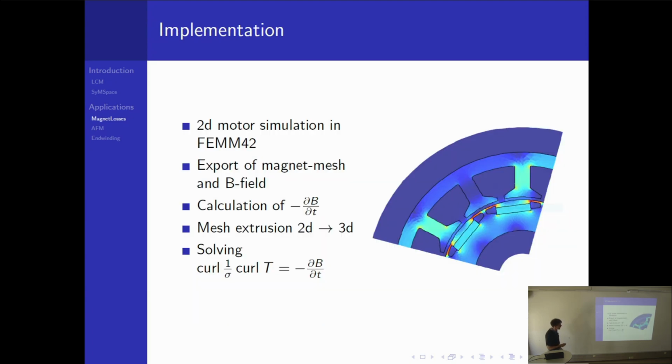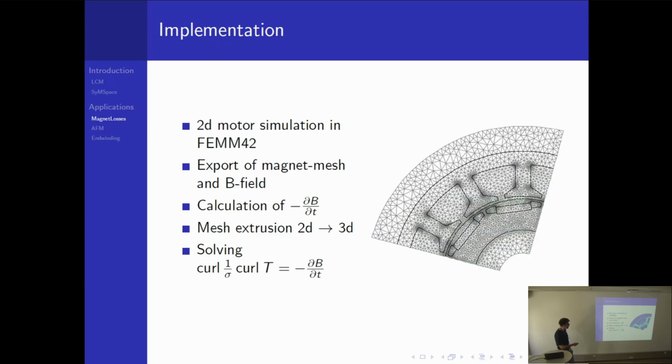And the idea is basically you make a 2D simulation, in our case in FEM42, and then we export the B field, in this case in the magnets, and also the mesh. Because the rotor is rotating, you have here the change of the B field with respect to time.